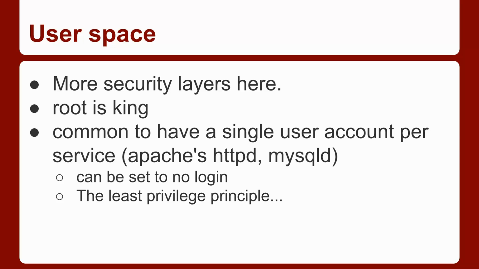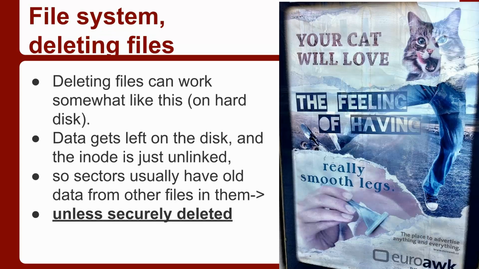Usually, when set up properly, there'll be a single user account for that service, and that service will be kicked off by that user account once the init starts and all the daemons are initialized in user space. And the user account, if you try to log into it, won't give you a shell prompt or anything like that. And this is an application of the least privilege principle.